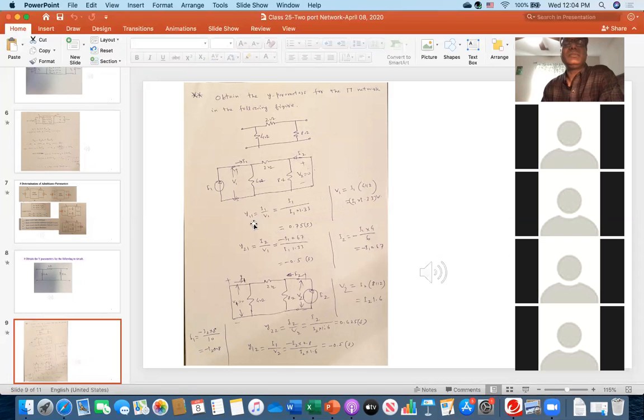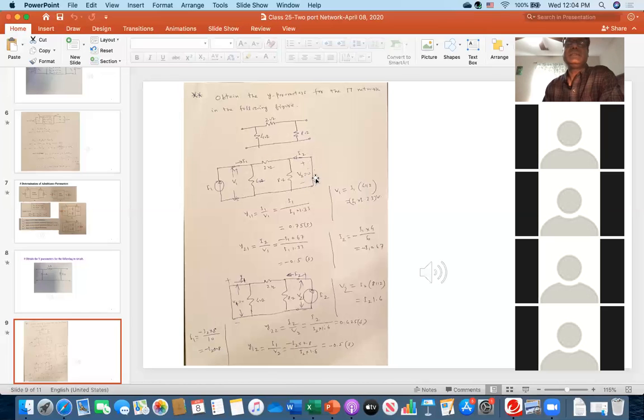You will be getting two parameters, Y11 and Y21, according to those equations. So what was Y11? Y11 is I1 over V1. Now I1 is I1, there is no value. But what is V1? Look at the diagram. V1 is I1 multiplied by the equivalent impedance based on this condition.